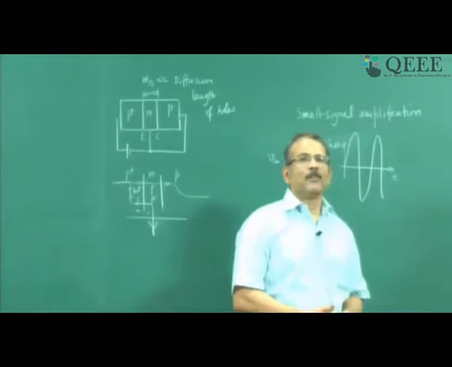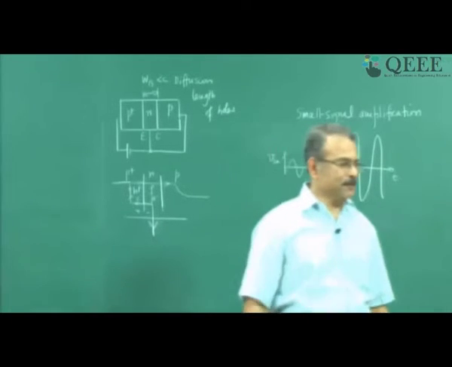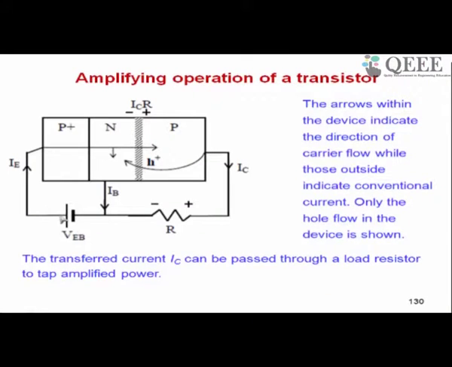Now let us see how we can get amplification. Suppose I pass this collector current through a resistor to tap power out of this. So I will convert this current into a voltage by passing it through a resistor. What is going to happen?